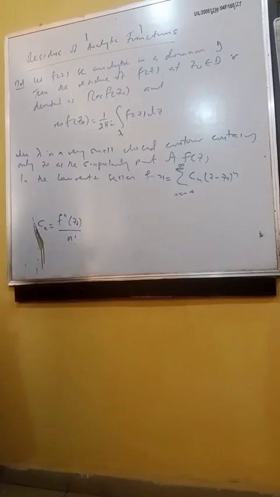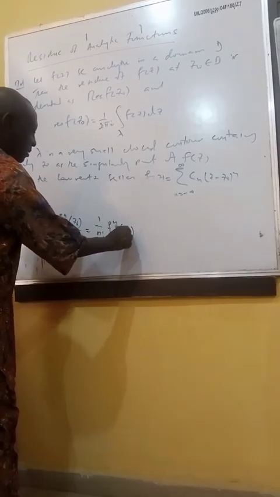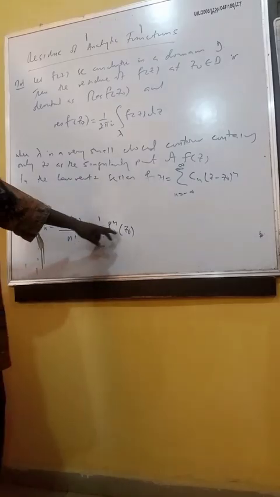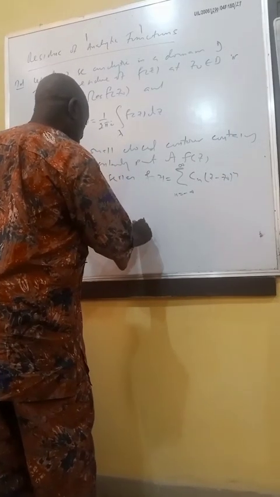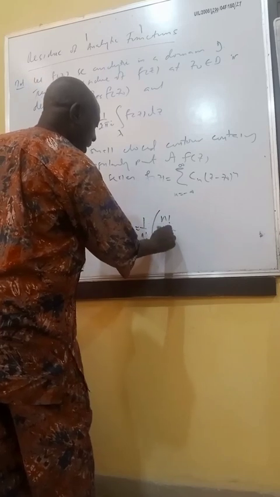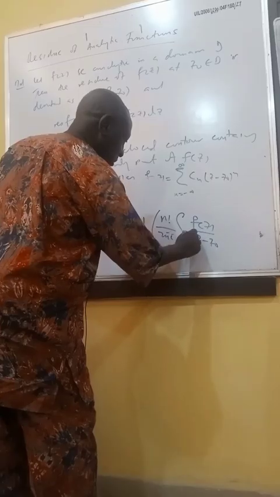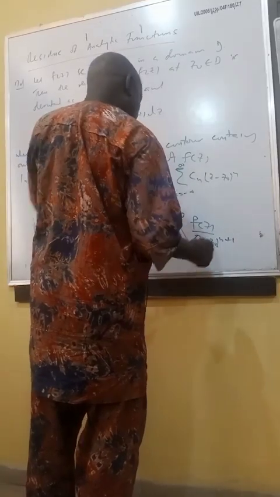We can write this as 1 all over n factorial times f to the n at z naught. But this f to the n at z naught is the n-th derivative. By the Cauchy integral formula, this is equal to 1 all over n factorial into n factorial all over 2 pi i, the integral over lambda of f of z all over (z minus z naught) raised to power n plus 1 dz.